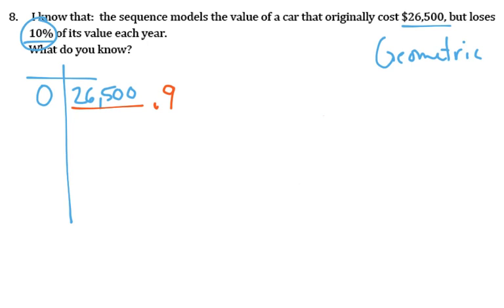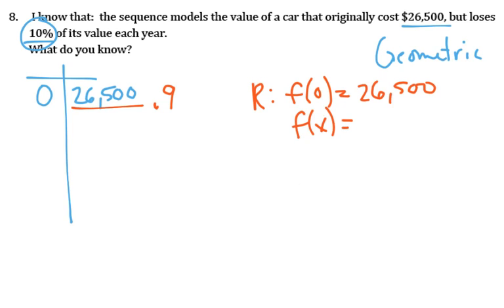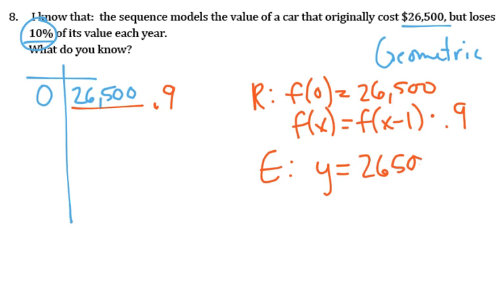Well, 0.9. So right here, I already have enough information for my recursive, right? F of 0 equals 26,500. F of x equals f of x minus 1 times 0.9. My explicit would be y equals 26,500 times 0.9 to the x.